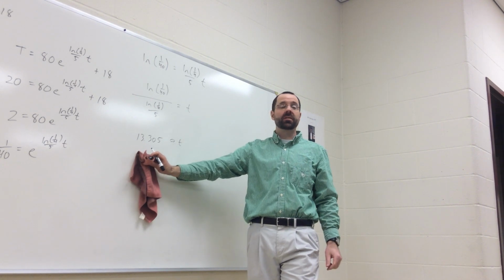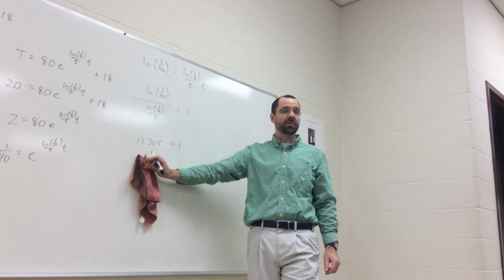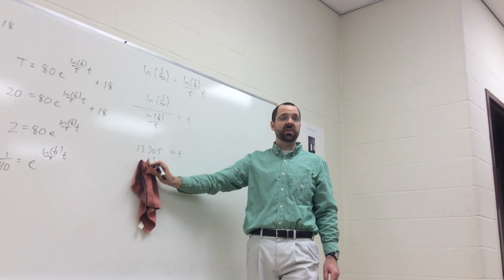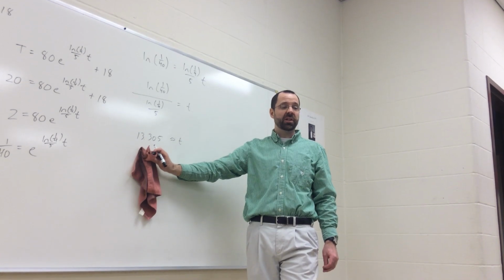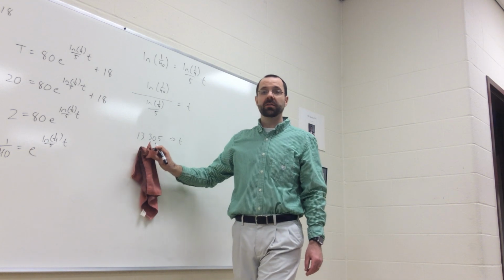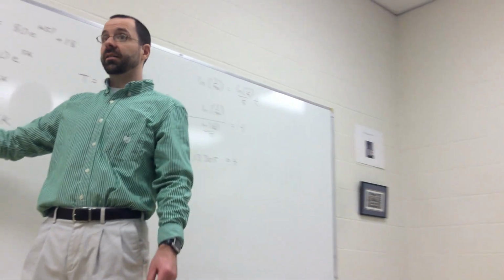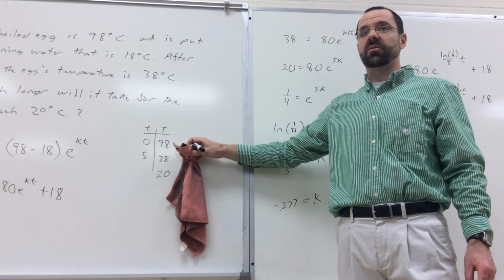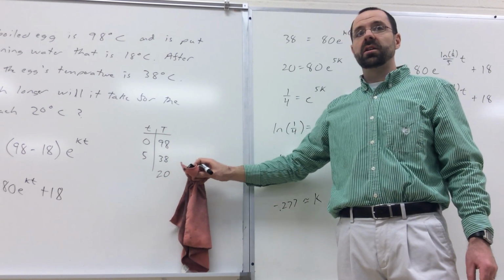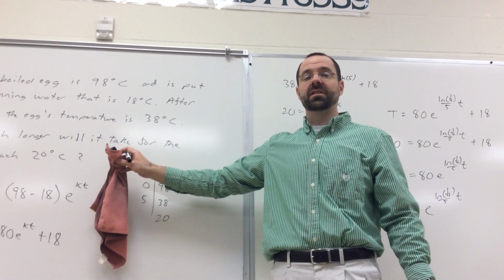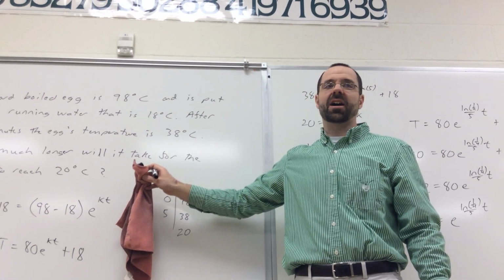So what does that mean? 13.305 minutes to cool down to 20 degrees Celsius, right? Now, is that 13 minutes from when? From 0, right? So 13 minutes past when you first took it out of the water to check it. So the question says, how much longer is it going to take? So I guess we got to subtract 5 from that.